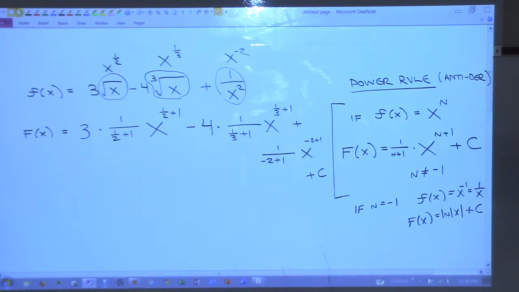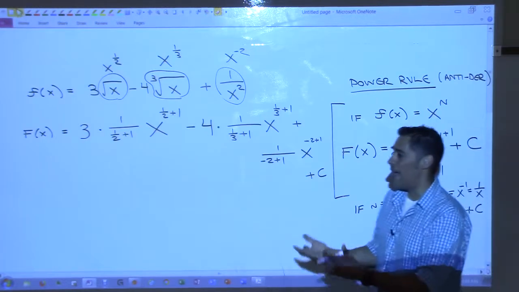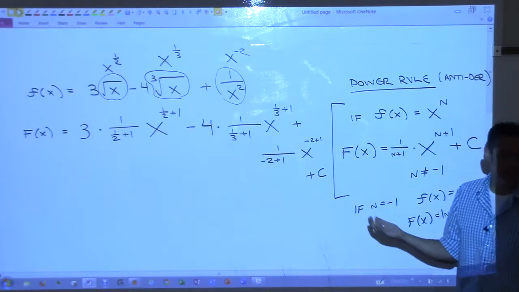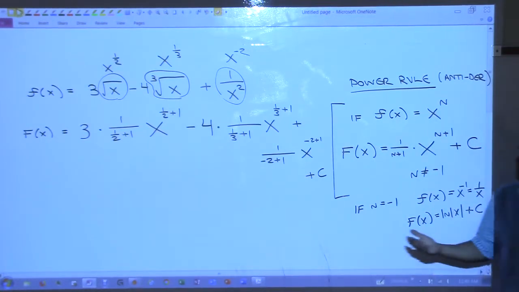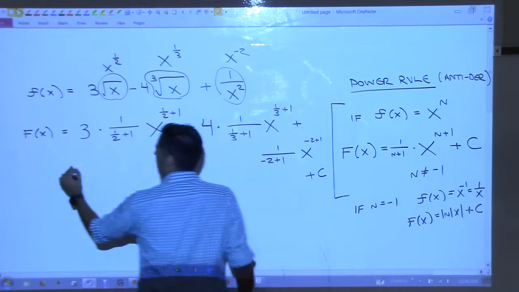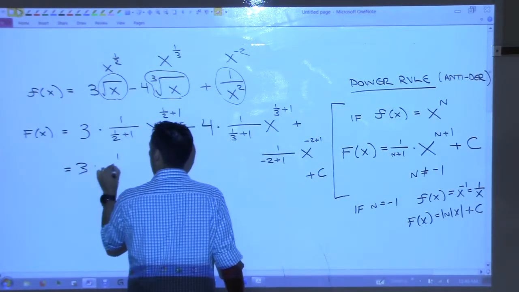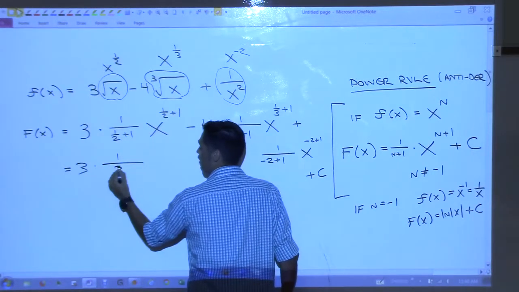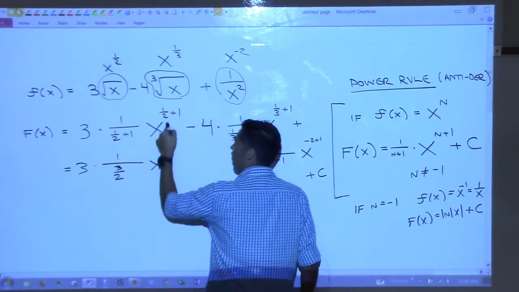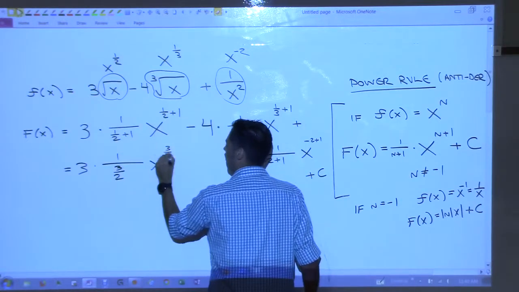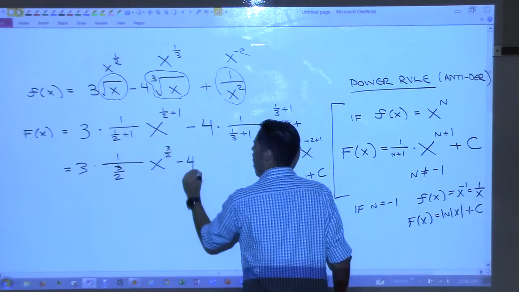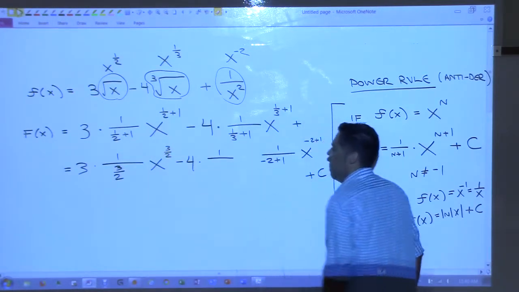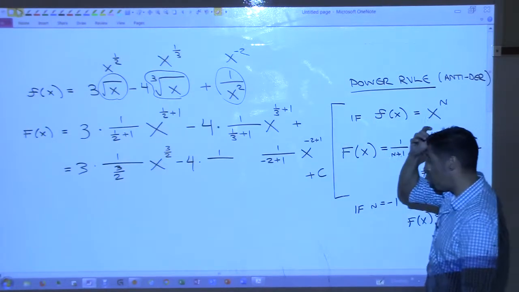Now you got to clean all those fractions up, right? So you should get real comfortable adding 1 to fractions because it's going to happen all the time now. So this will become 3 times 1 over, this is a half plus 1, which is 3 over 2, then x to the 3 over 2. Minus 4 times 1 over 4 thirds.